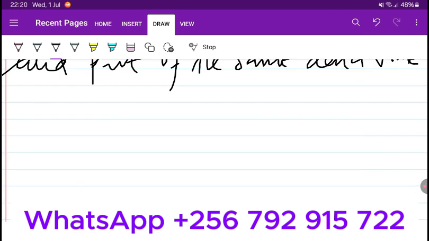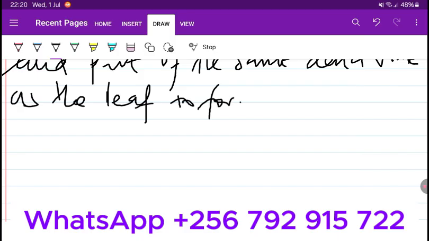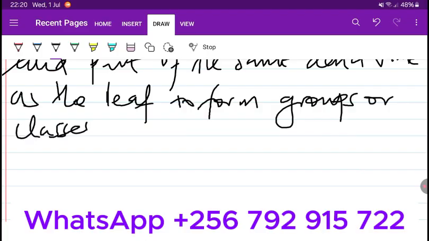Part of the same data value as the leaf to form groups. You can call them groups or classes.